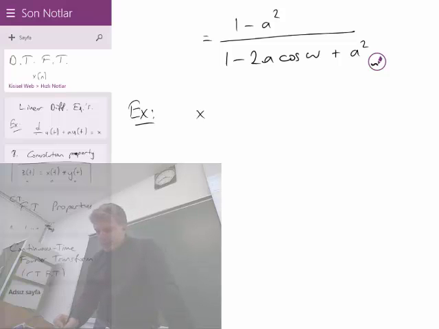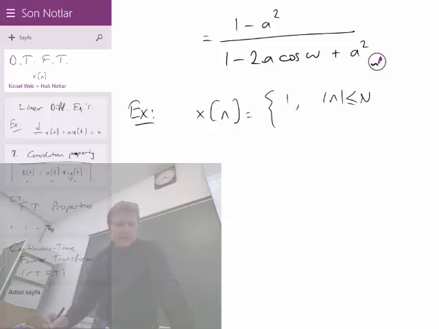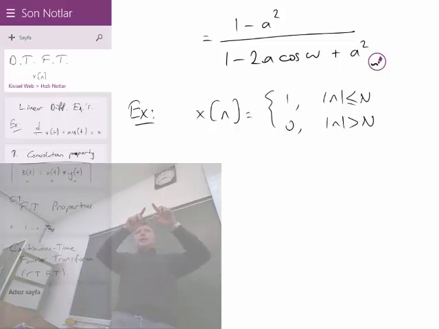This is a rectangular pulse shape, which is 1 for time n less than or equal to capital N in magnitude, and 0 else, if it is greater than capital N. So from minus capital N to plus capital N, it's all ones.